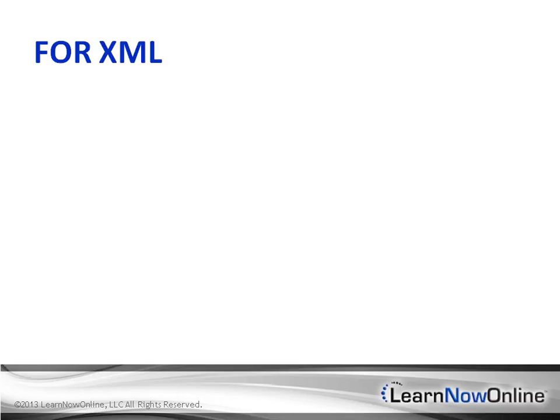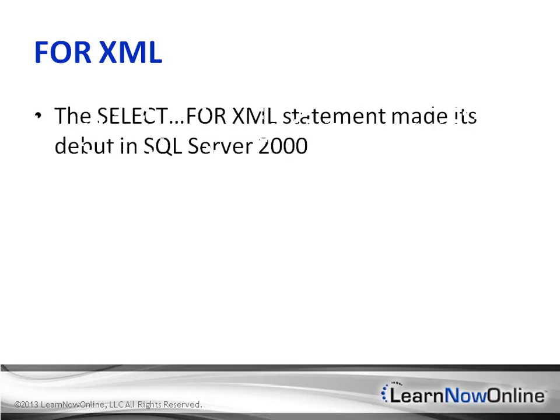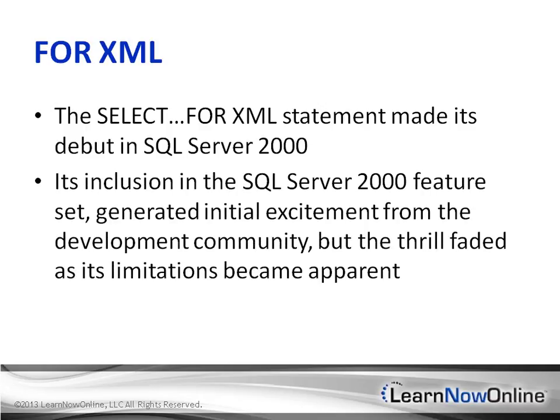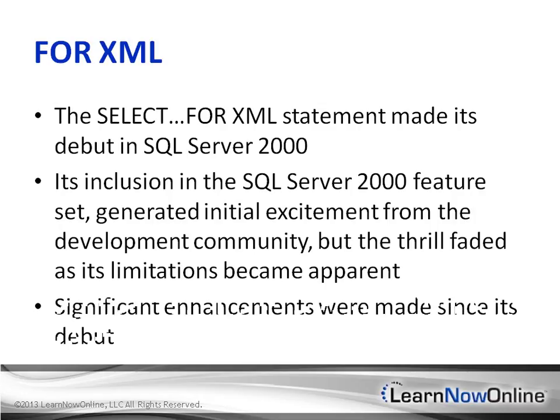Now let's discuss the FOR XML clause of a select statement. It first made its debut in SQL Server 2000, and it was kind of exciting to see it there, but the thrill faded really quickly because the limitations were really apparent. Enhancements have been made since its debut that make it really useful.